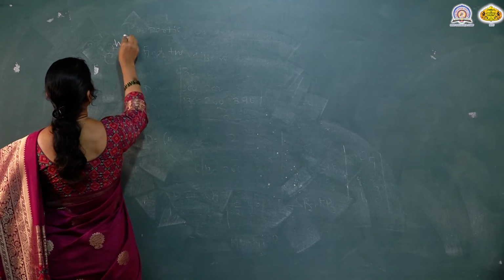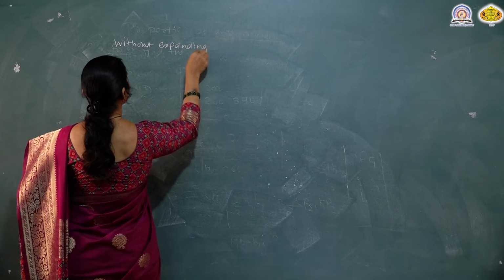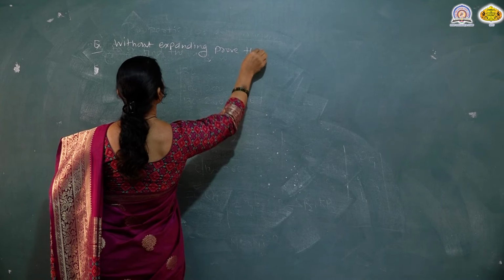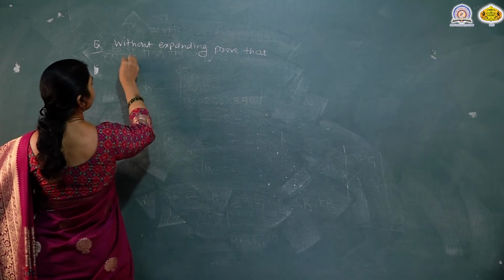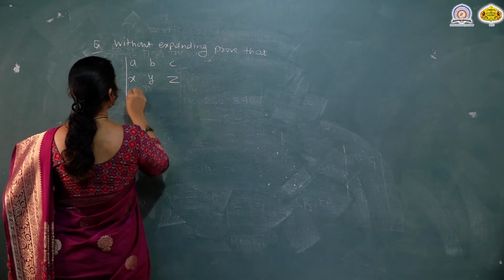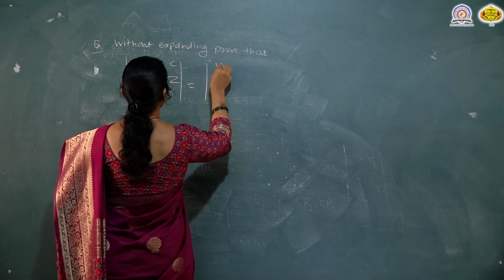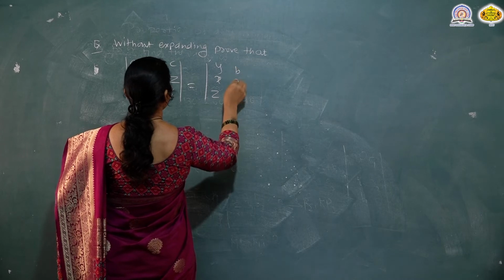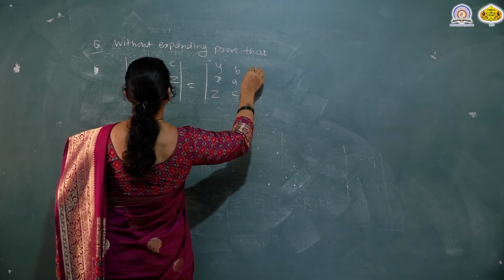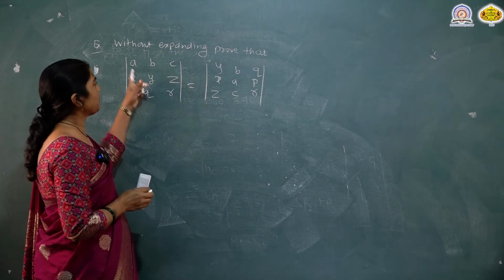Now, without expanding, prove that determinant A, B, C, X, Y, Z, P, Q, R is the same as determinant Y, X, Z, B, A, C. Suppose we want to prove this.